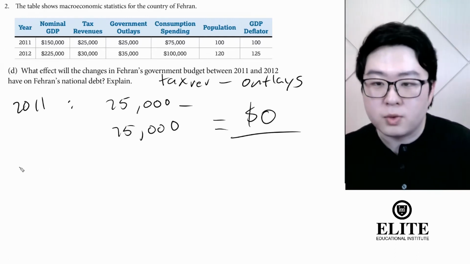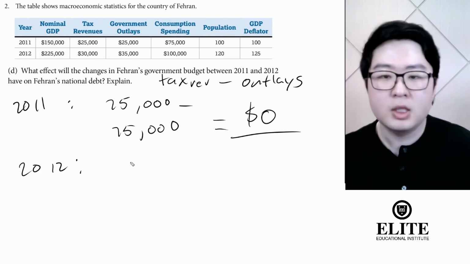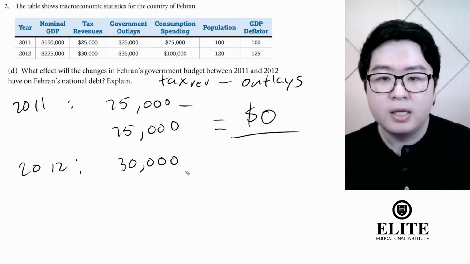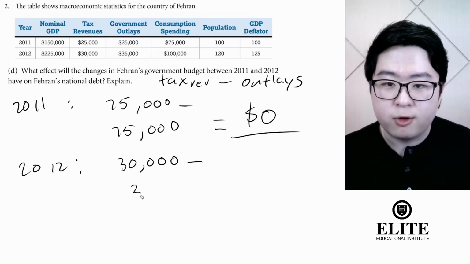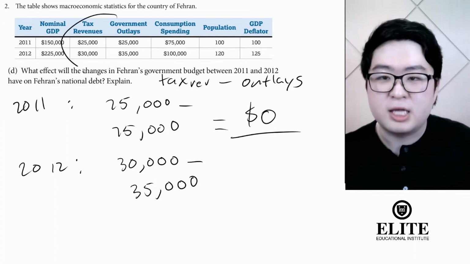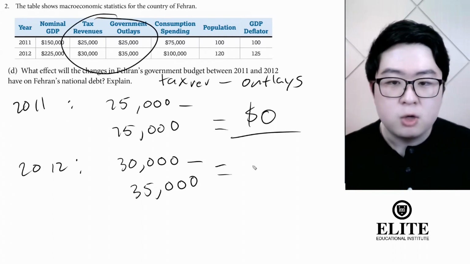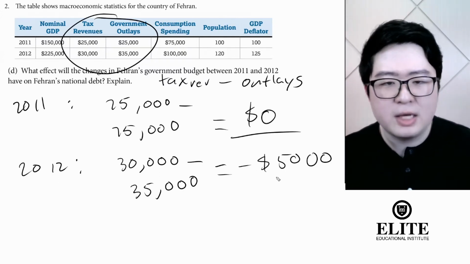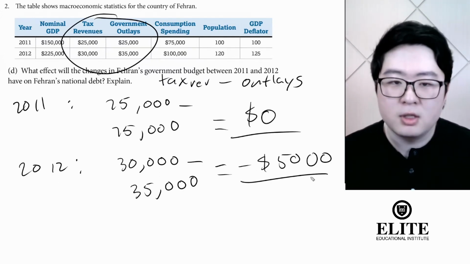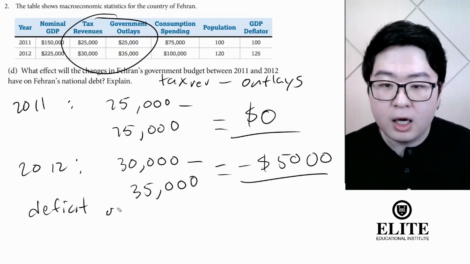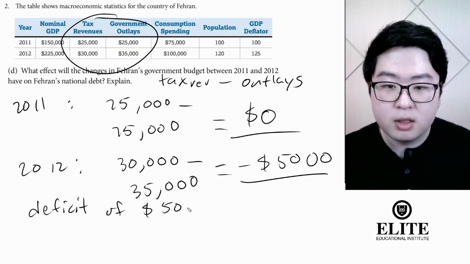So let's see what happens in 2012. Tax revenues in 2012 were $30,000, and outlays in 2012 were $35,000, right? Just to recap, we're looking at these two columns here. Ooh, that gives us negative $5,000. Iran is $5,000 in the hole for 2012, right? And so it has a deficit of $5,000.